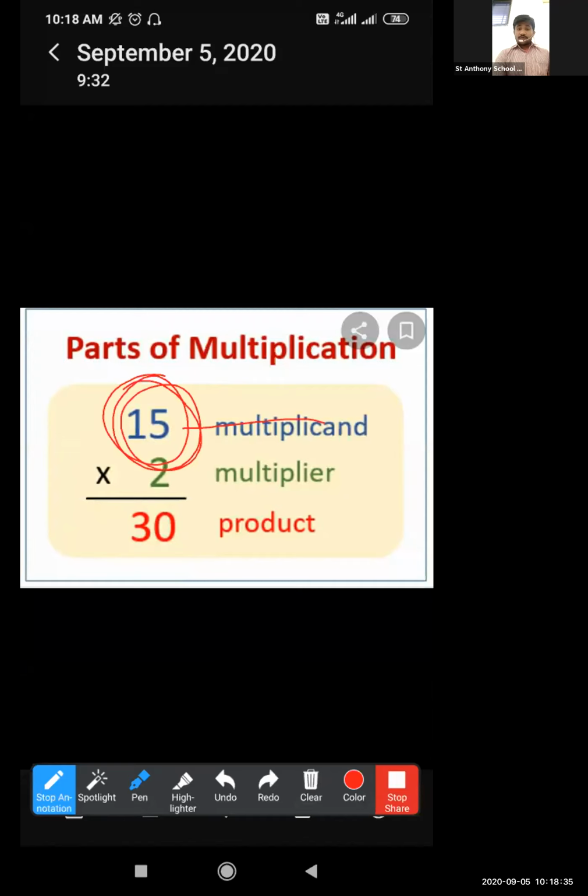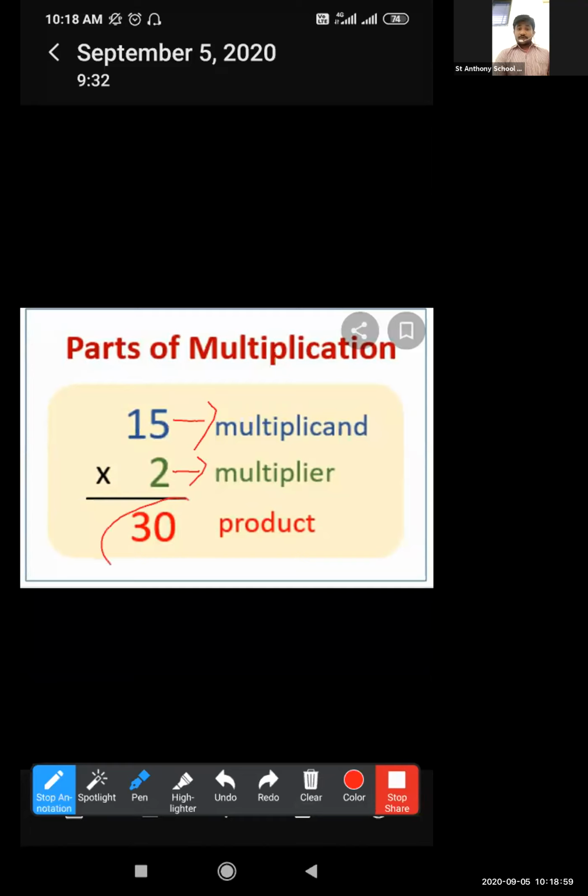This 15 number, what do we call it? It is called multiplicand. See, you can see here, this is the multiplicand given there. So 15 is a multiplicand. What is 2? 2 is a multiplier.